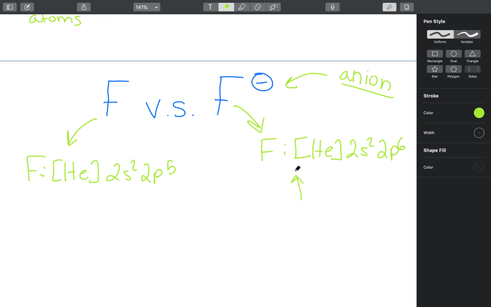So what do we get from forming this anion? Well, you get more electrons, and when you get more electrons, you get more repulsion. And when you get more repulsion, you get increased size.